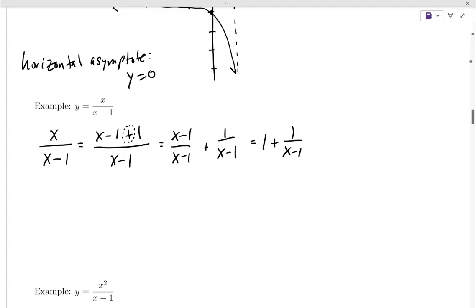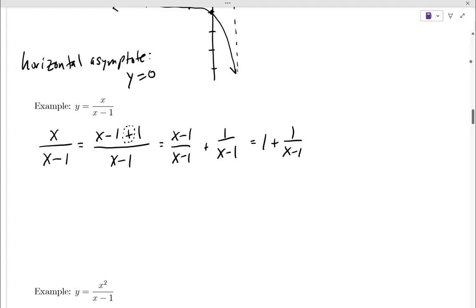Okay. Again, we're trying to get at this by looking at what happens as x gets large. You're not going to have to do this every single time. We're going to have a rule that tells us what we get. But I just want to show you what happens in this case. Let's ignore the plus 1. What did we say happens to that fraction to the right of my hand as x gets really, really big, either in the positive or the negative direction?